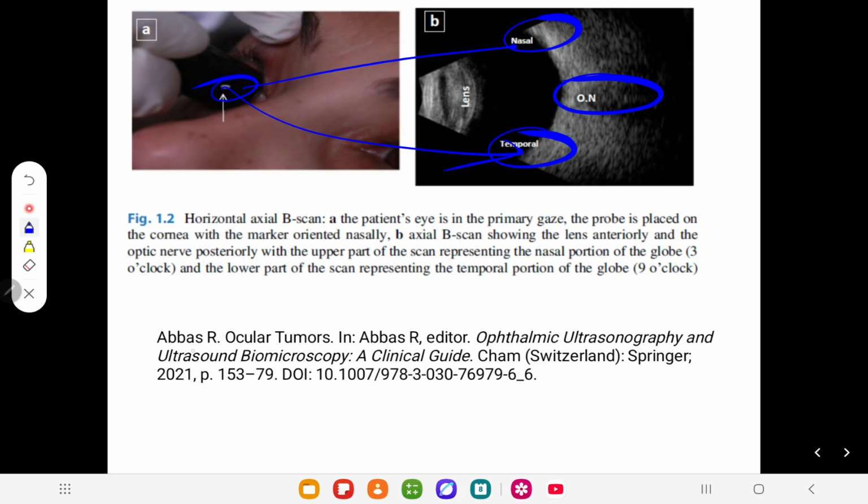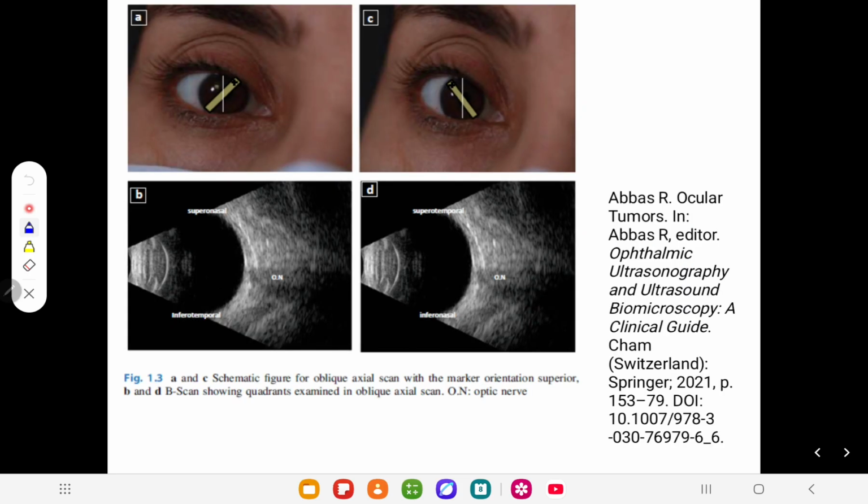It's very simple, again from the same book. Now see in this picture, let me show you. This is superior nasal. If this is superior nasal, then we place the probe like this. Superior nasal must be in the upper part, and inferior nasal must be in the lower part, with the optic nerve in between, isn't it?